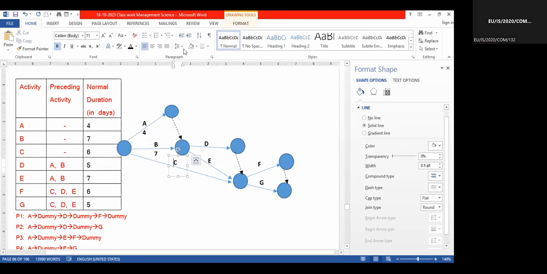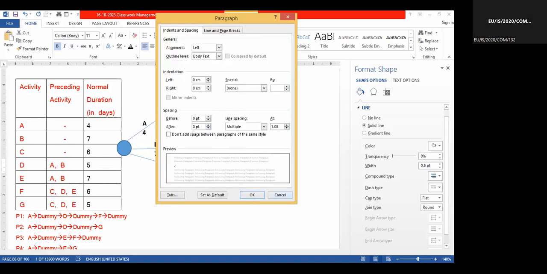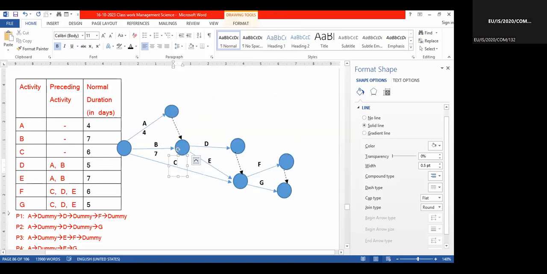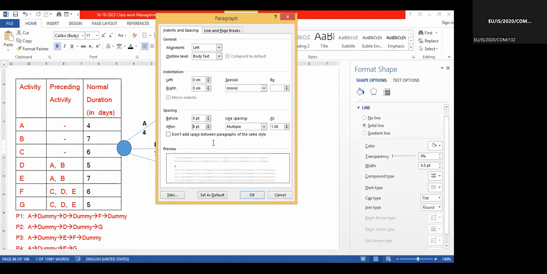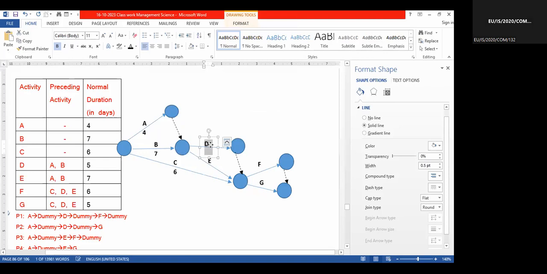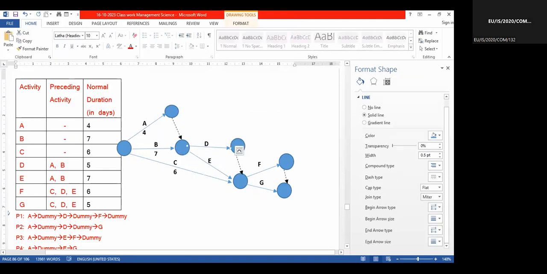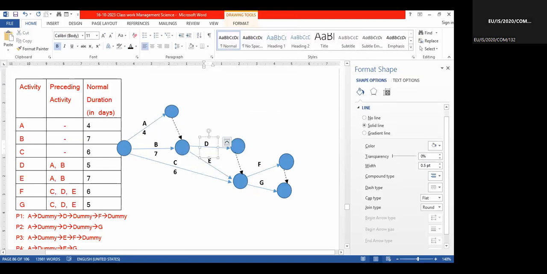C, how many days? 6 days. Right. Very good. D, how many days? 5 days. D, 5 days. Okay, good.